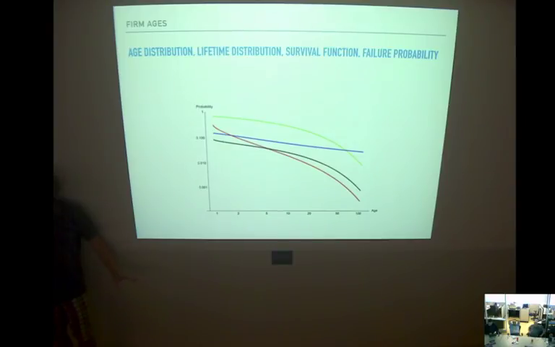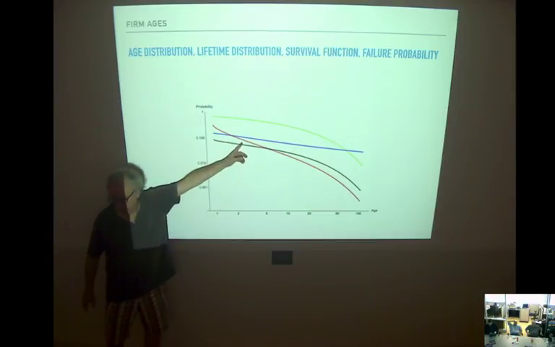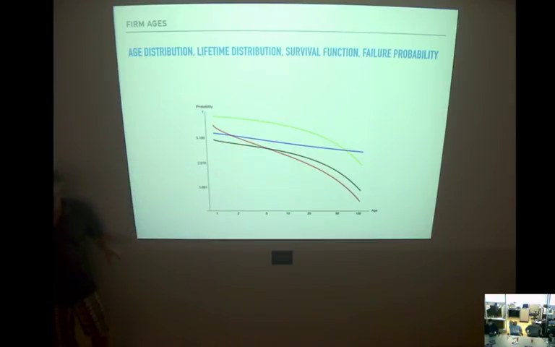My son is younger than me. My father's older than me. When you have this kind of hazard function, what it really means is that going forward, which one of us will live the most years from now on? And the weird answer is that my father will live much longer than me. He has more remaining lifetime than me. And my son has the shortest remaining lifetime. That's a very weird thing to think about.